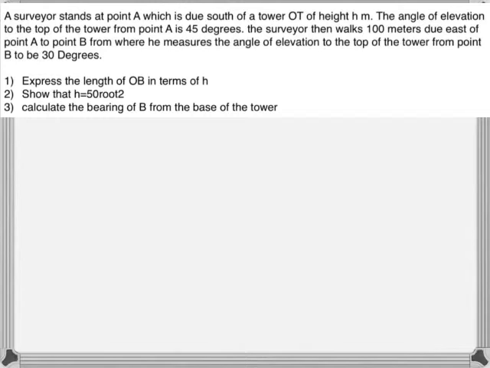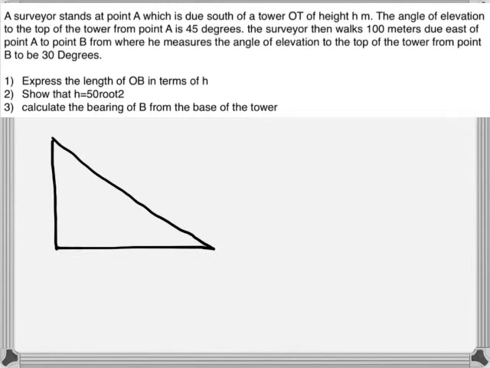Let's go back to our original diagram, number 1. We know that this distance here was 100 between A and B. We know that this distance now is 50 root 2.